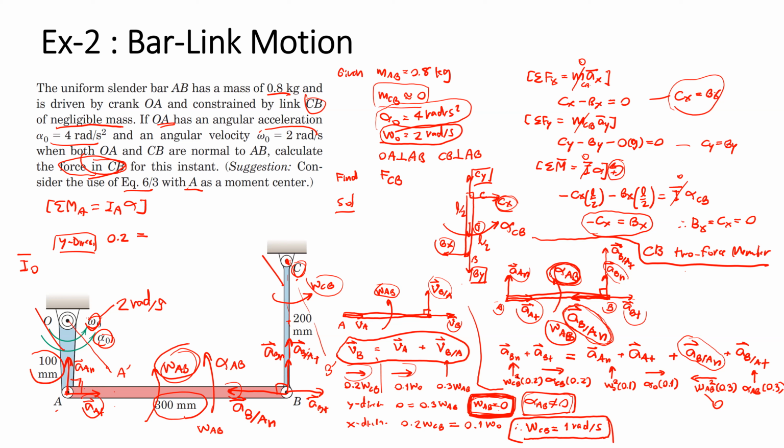The left-hand side in the y direction has only this one. For the right-hand side, 0.1 omega 0 square. Omega 0 is 2, right? 0.1 and 2 square.